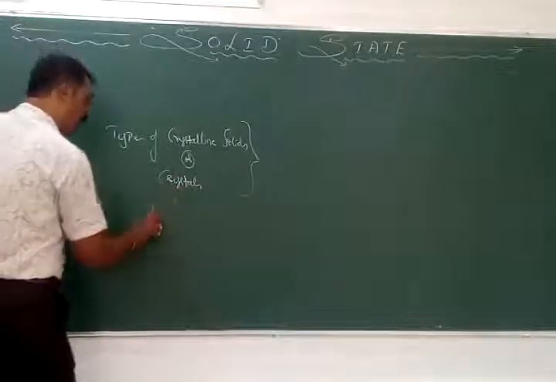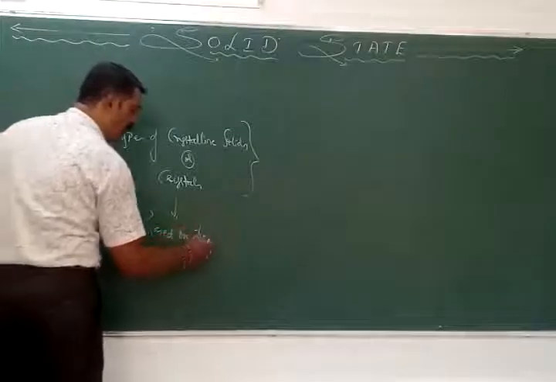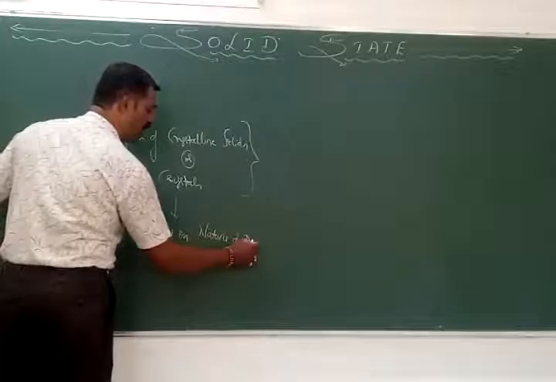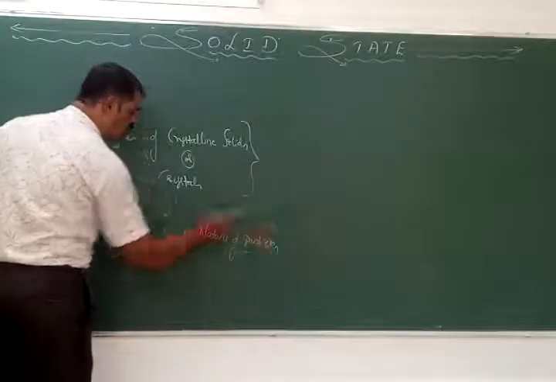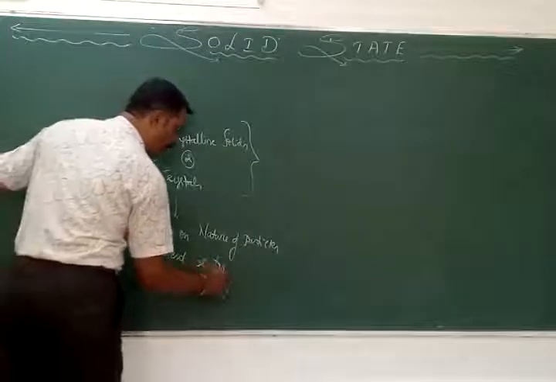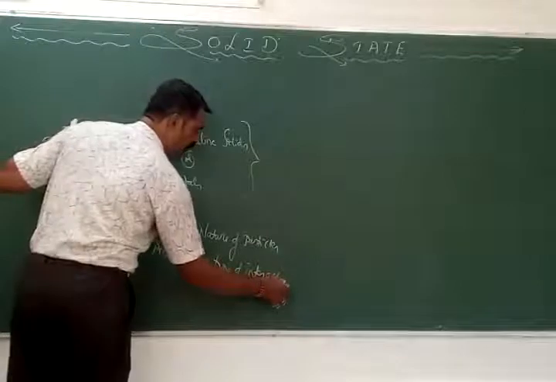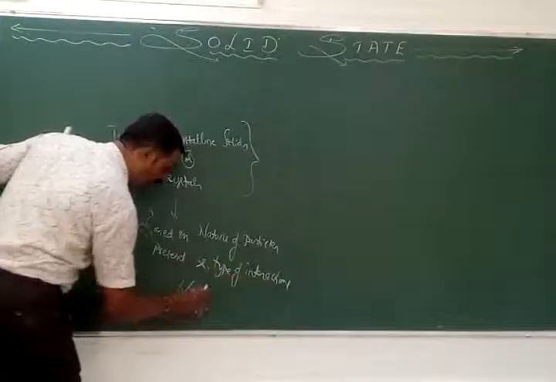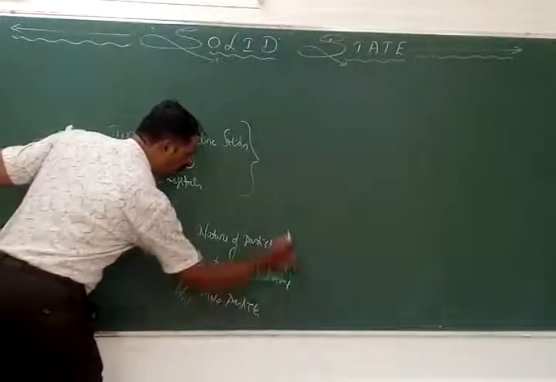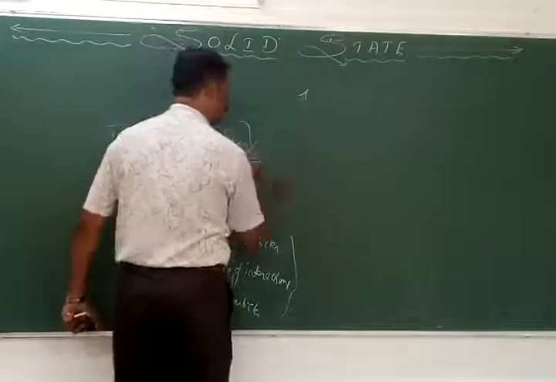So here, based on the nature of the particles present, and the type of interactions between those particles, the crystalline solids can be of 4 types.